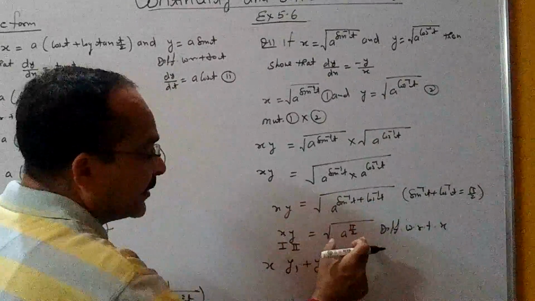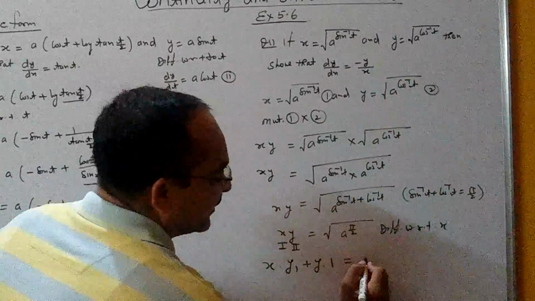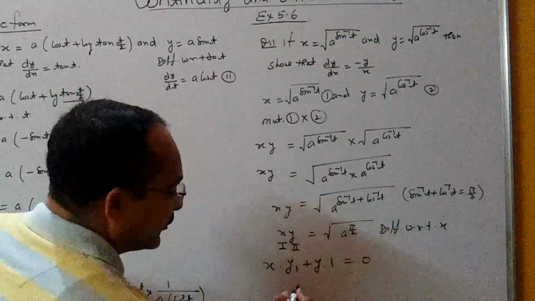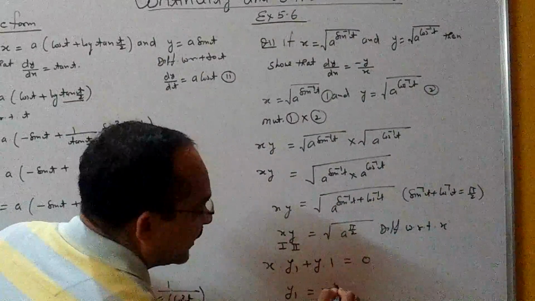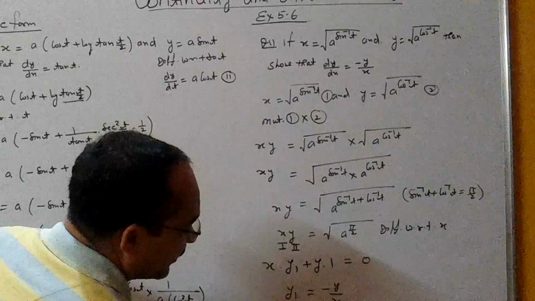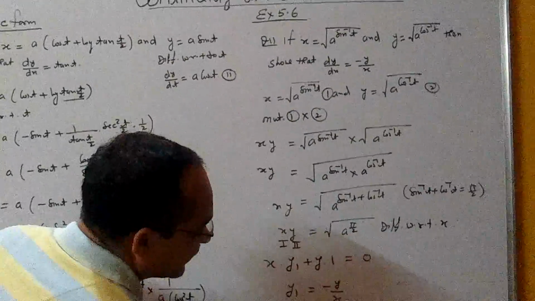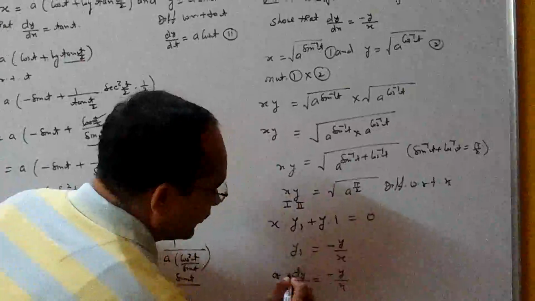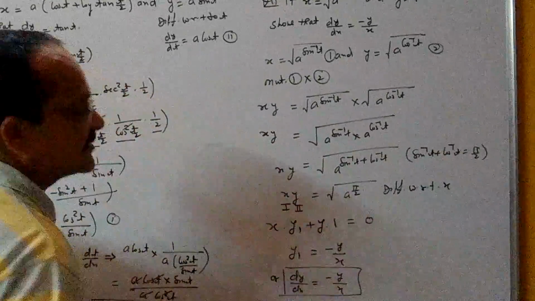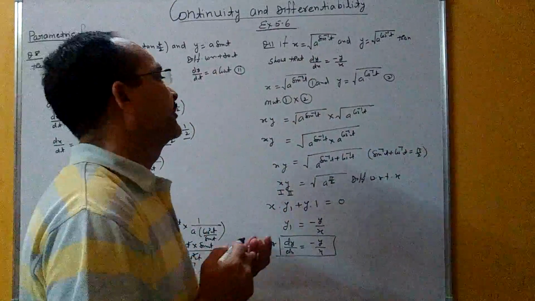That is equal to the differentiation of this constant value, which is 0. So y1 is minus y upon x, or dy by dx is equal to minus y upon x. This is the easiest solution of this question.